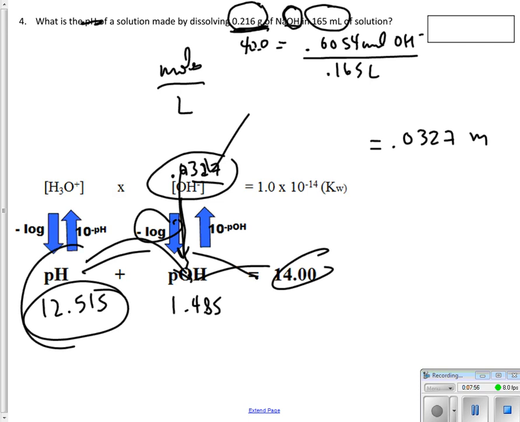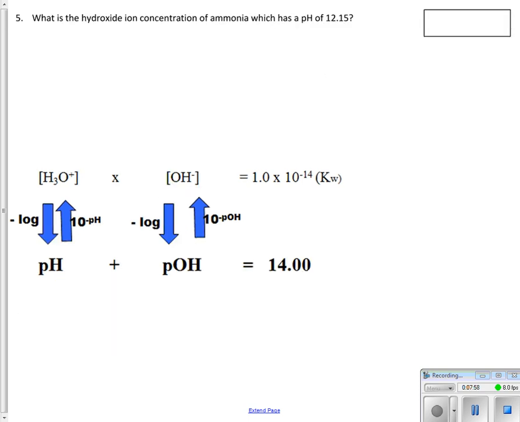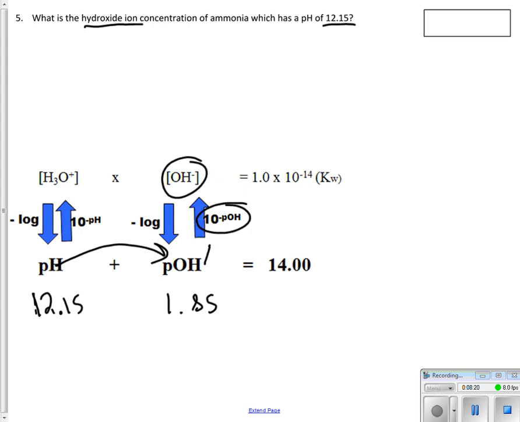Same thing with this. They ask you what's the hydroxide ion concentration, which has a pH of 12.15. If I start with 12.15 right here, my first move, I would move over to pOH, so I would just go 14 minus 12.15. I'm going to get 1.85. Then to go from pOH to OH, it's just 10 to the negative 1.85.